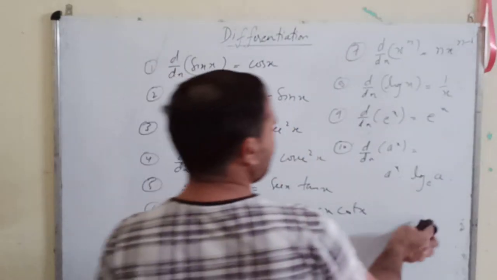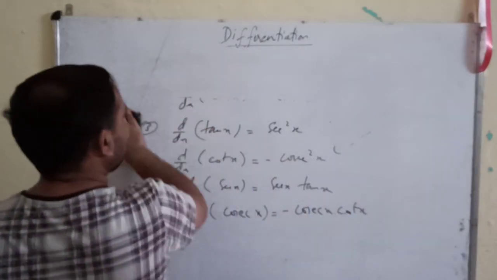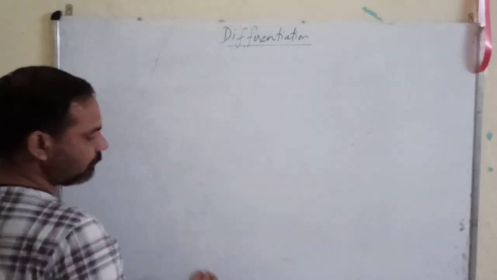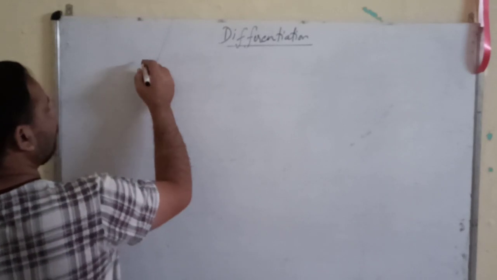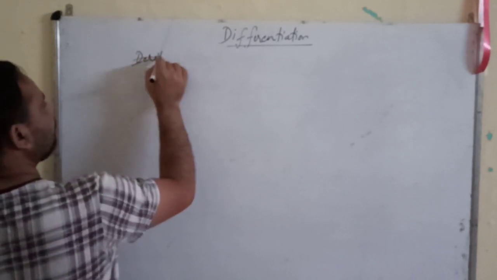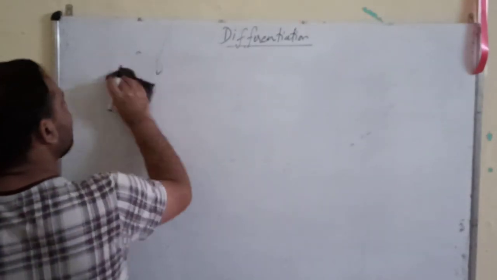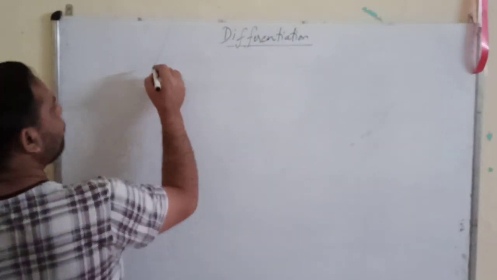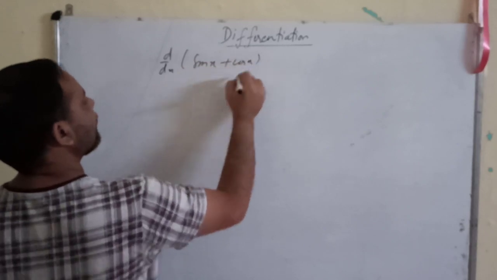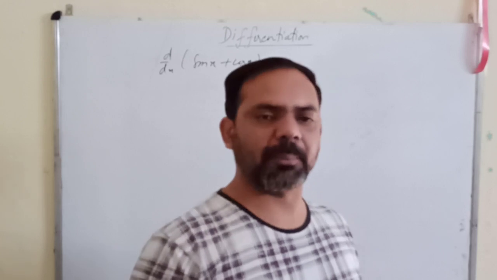Okay, one last thing that I want to discuss in this differentiation part is the derivative of a combination of functions. Suppose you want to find d by dx of sin x plus cos x, or sin x into cos x, or sin x minus cos x, or sin x upon cos x.